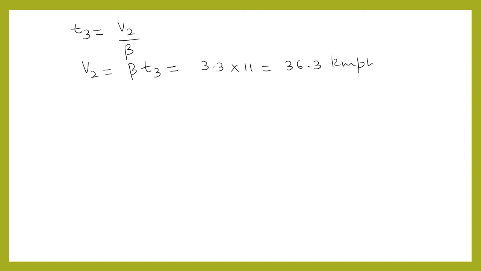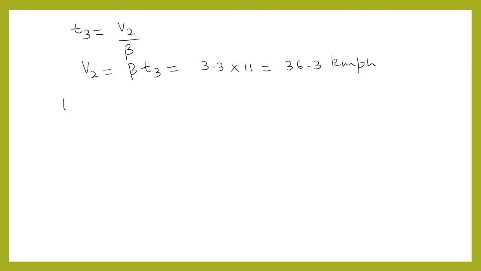We have the time duration for braking retardation T3 equal to V2 by beta. So the speed attained at the end of the coasting period, V2, is equal to beta into T3, that is 3.3 into 11, that is 36.3 kilometer per hour.